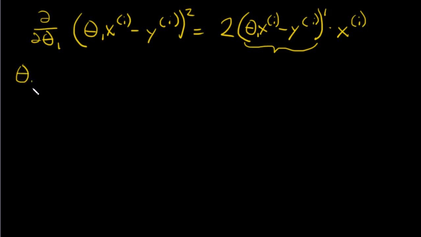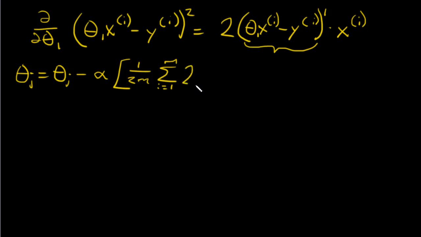So now my full expression is going to be theta sub j gets theta sub j minus alpha times the partial of the cost function, which is 1 over 2m summation i from 1 to m of 2 times theta 1 xi minus yi, and then times xi.